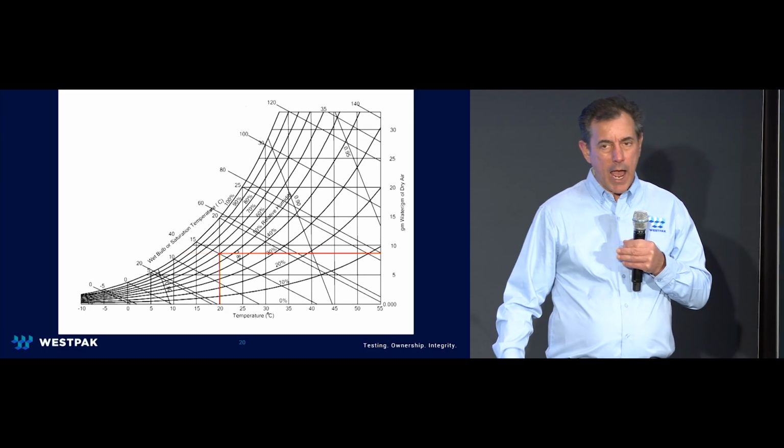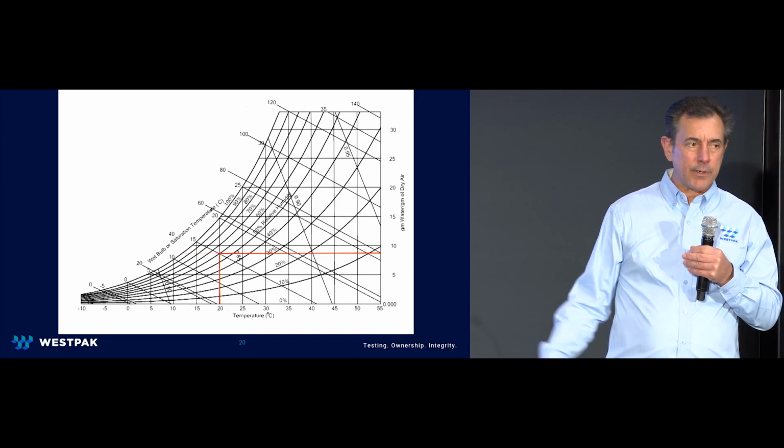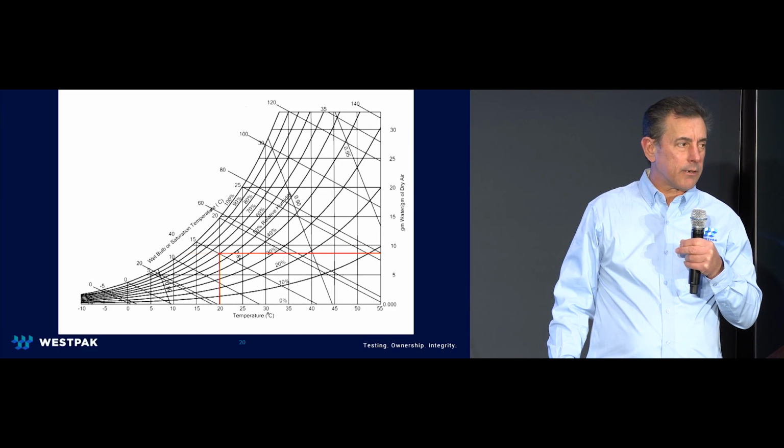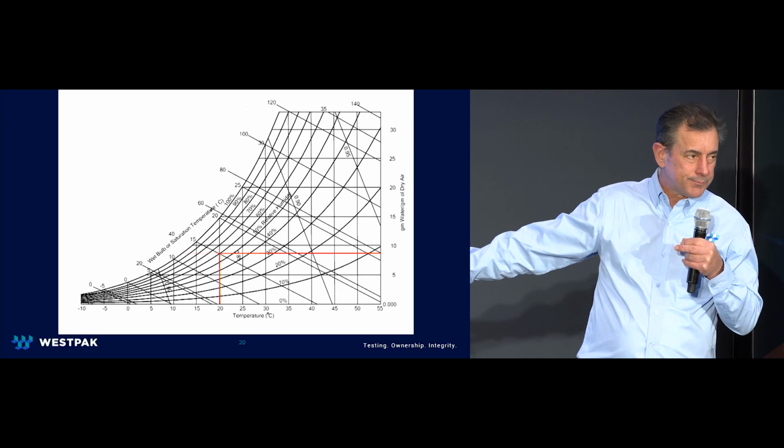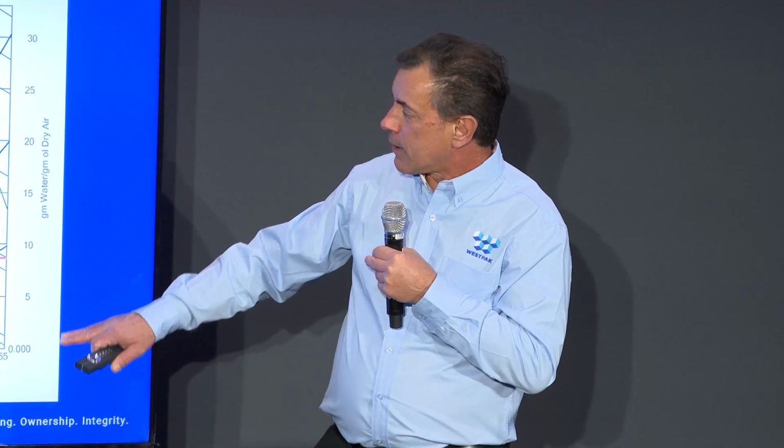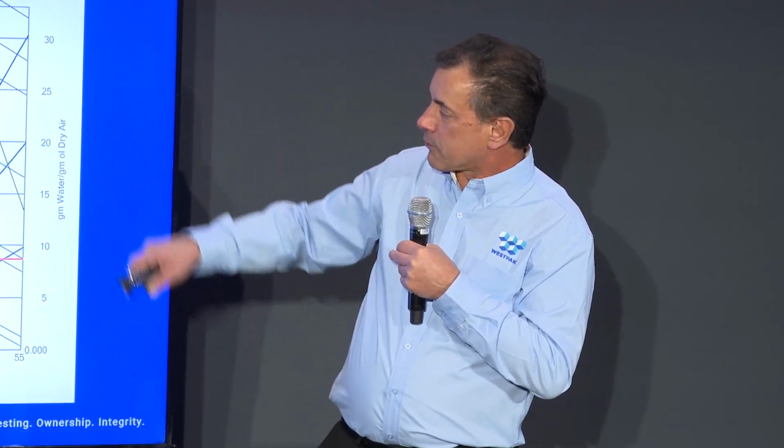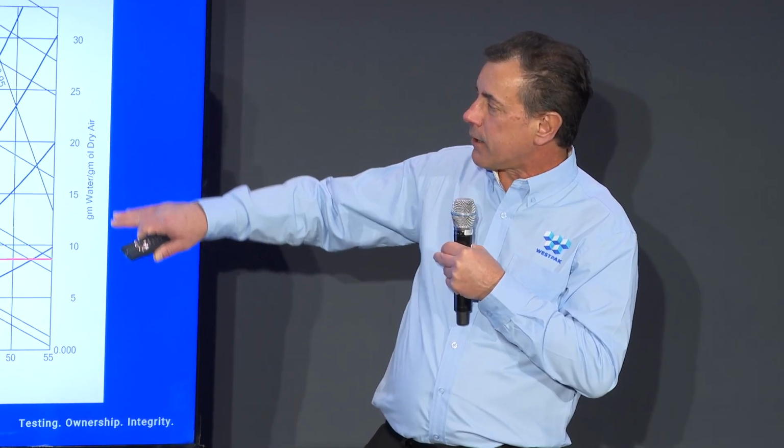So in order to figure out how much humidity we need, we should go to a psychrometric chart. Has anybody seen one of these before? Okay, so the psychrometric chart has temperature in degrees C on the bottom. It has weight or mass of water per mass of dry air on the y-axis here.